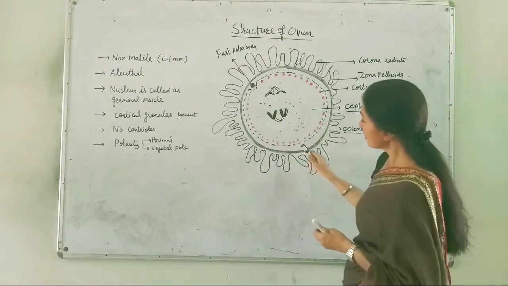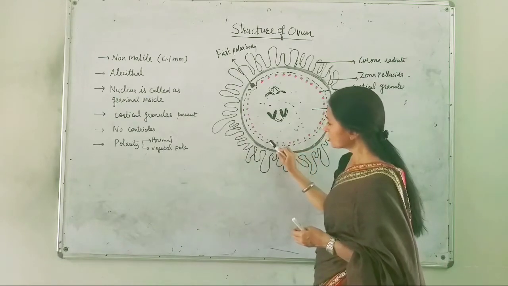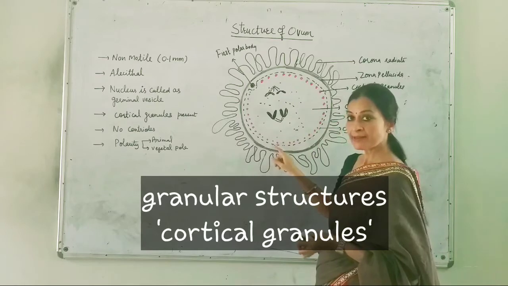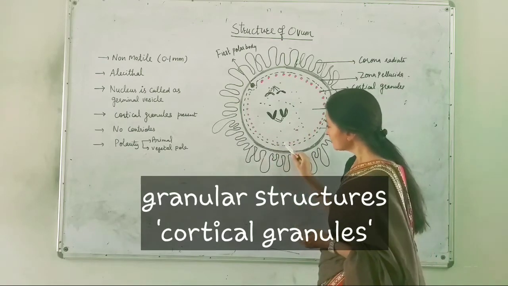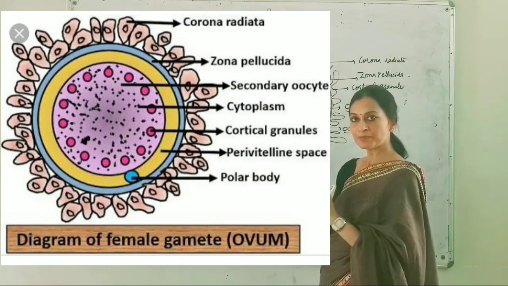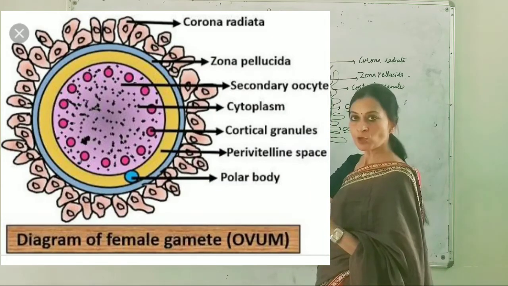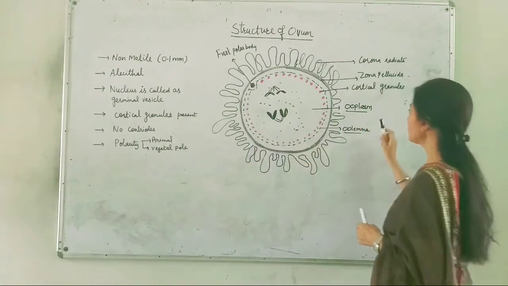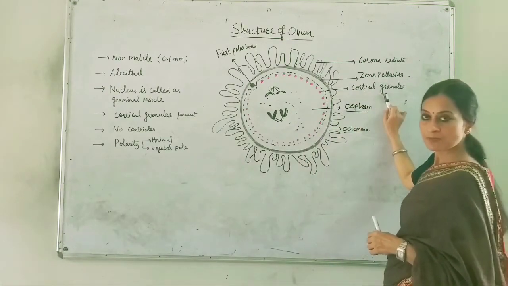Okay, now see, I have also drawn some grain-like structures. These are shown in red color to highlight them. These small granular structures are inner to the plasma membrane, meaning towards the cytoplasmic side. These granules are known as cortical granules.